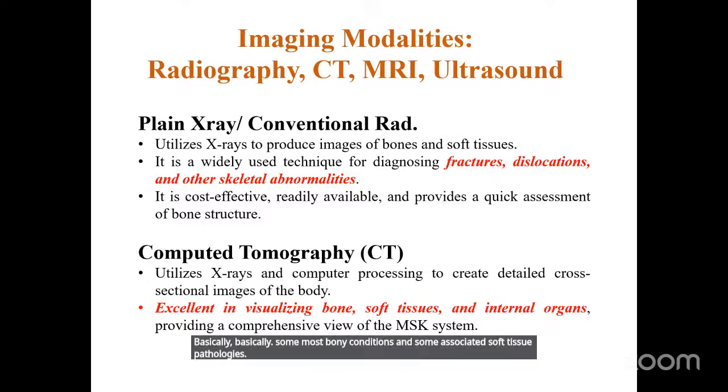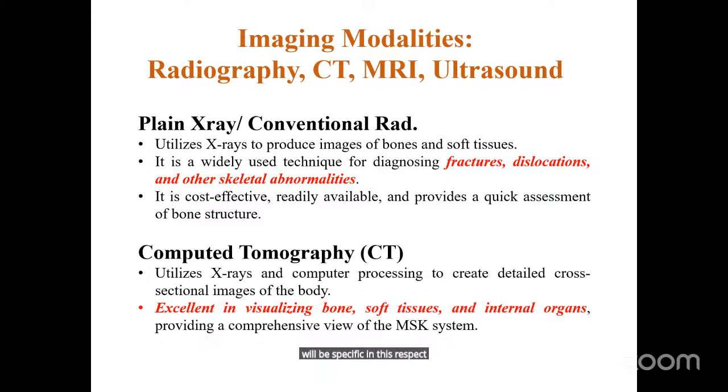We'll be specific in this respect. They are used for assessing fractures, dislocations and some common skeletal abnormalities that have to do with changes in density of the bone. Examples are osteomalacia, osteoporosis, or congenital bone diseases.